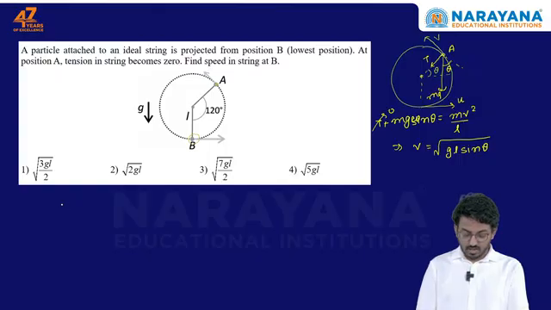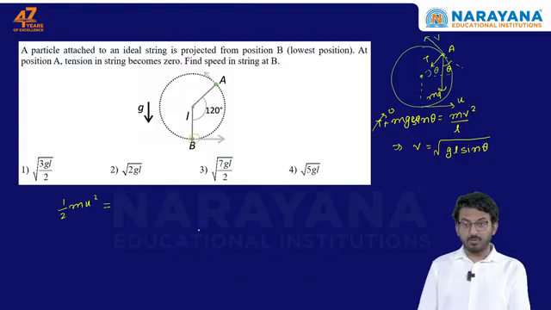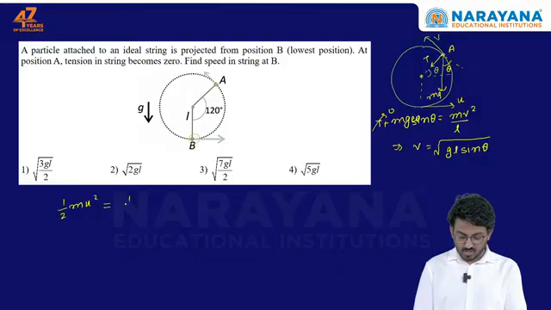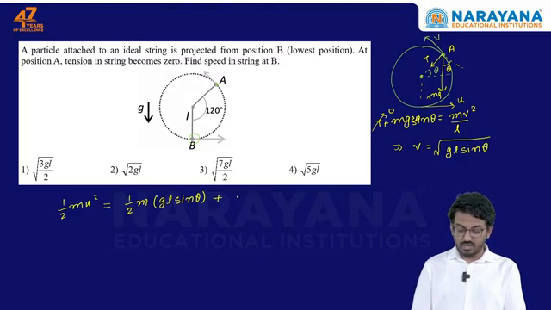Energy at the bottom is half mu square, and finally the body has kinetic energy at A, half mv square, where v squared came out to be gL sine theta, plus the height above the base point B, which is mgL(1 + sine theta).